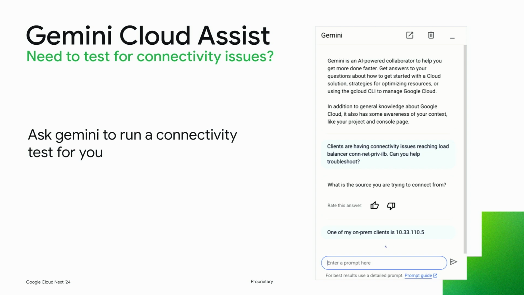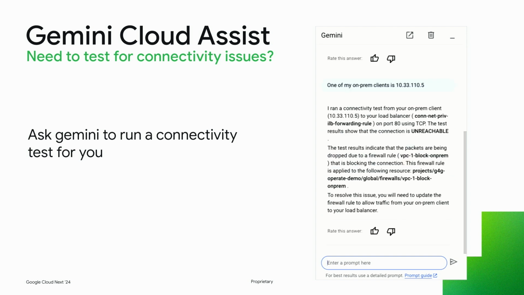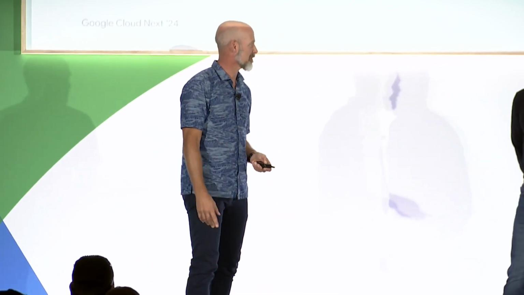It will try to reach the service from that subnet, and then realize that the system I'm trying to hit is unreachable, and this is why, right? And so this is something that I could have spent a lot of time setting up a test VM to run a ping or a trace route from, and would have taken me a bunch of time to set up my own testing, and Gemini's done it for me. Ready to fly blind? Just run it.